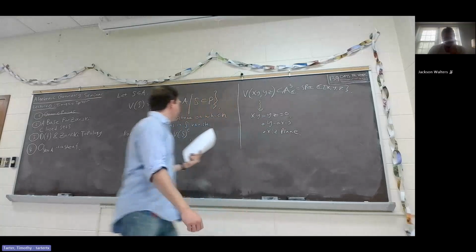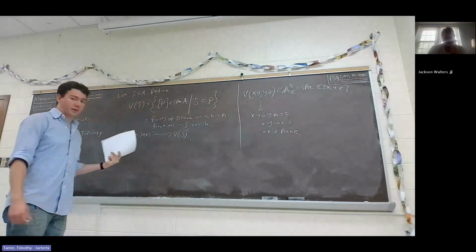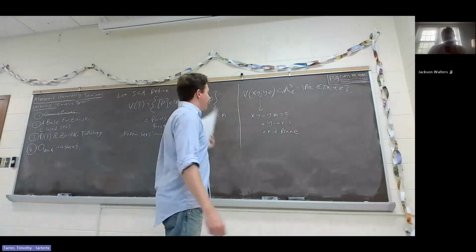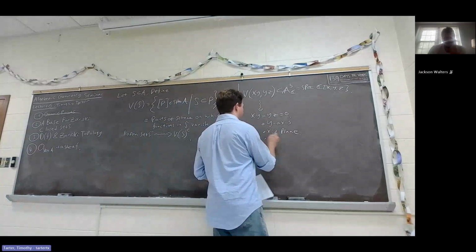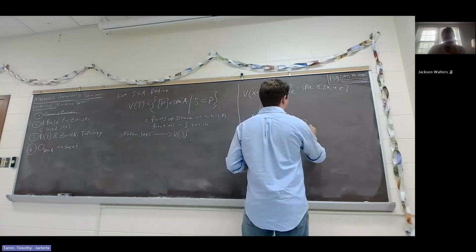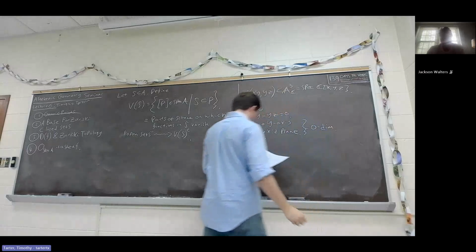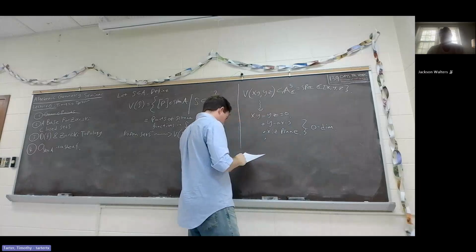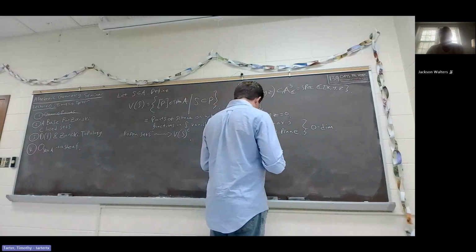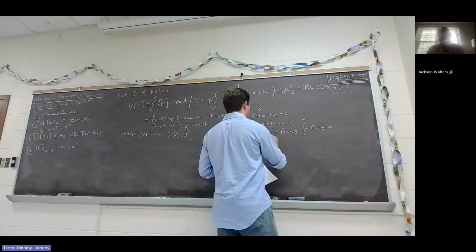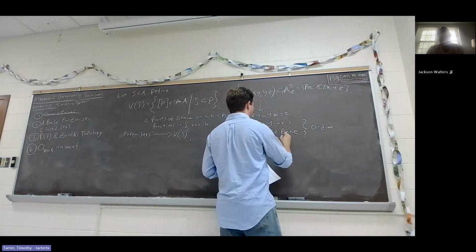But then, scheme theoretically, we also have these other points floating around. We have our closed points, so we're going to have these zero-dimensional components. We have the generic point of the y-axis and the xz plane. These are two-dimensional components.